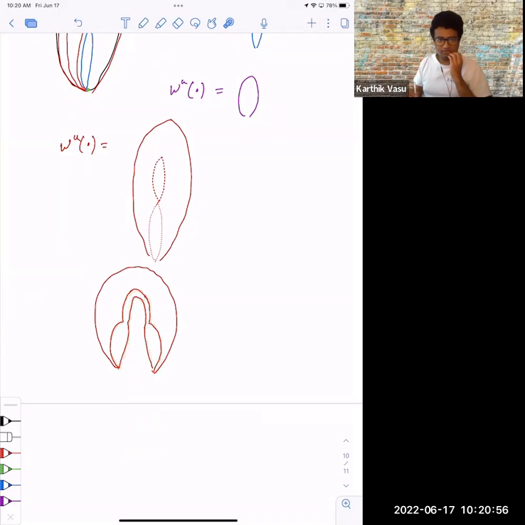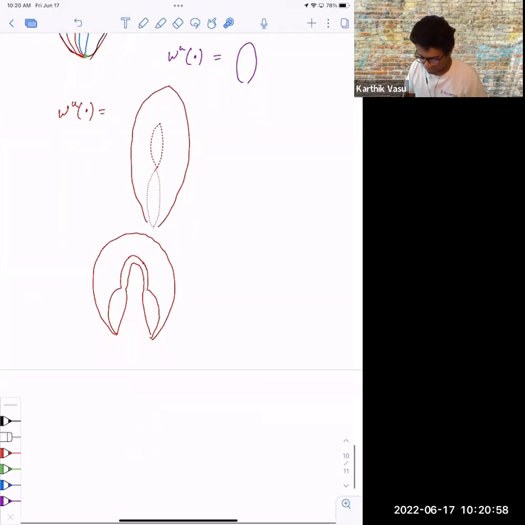That boundary is not included, and this will be the thing. And again, you will see that this is basically an open disk.